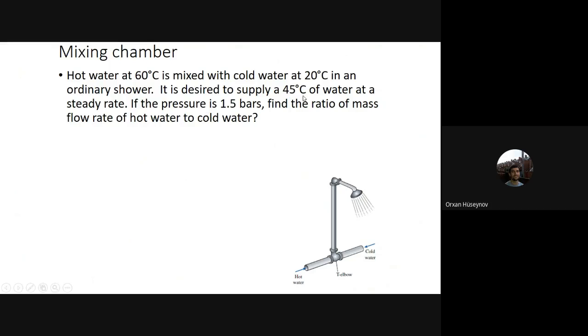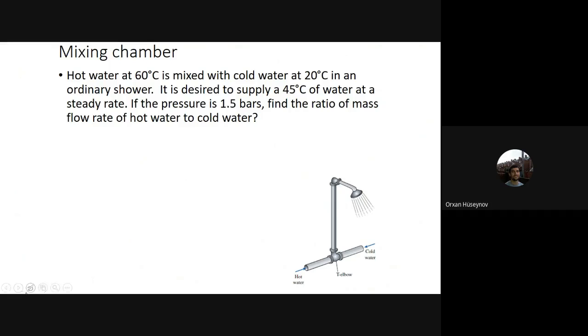It is desired to supply 45 degrees Celsius water at a steady rate. If the pressure is 1.5 bars, find the ratio of mass flow rate of hot water to cold water. It is a very funny example. Nobody needs it.